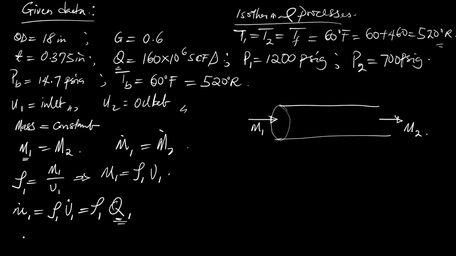Since the mass flow rate at section 1 is equal to the mass flow rate at section 2, it implies that density at section 1 times the volume flow rate at section 1 is equal to density at section 2 times the volume flow rate at section 2.